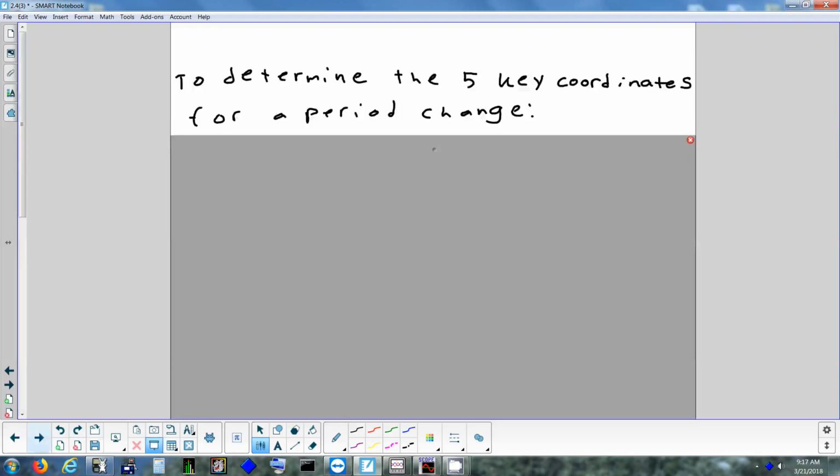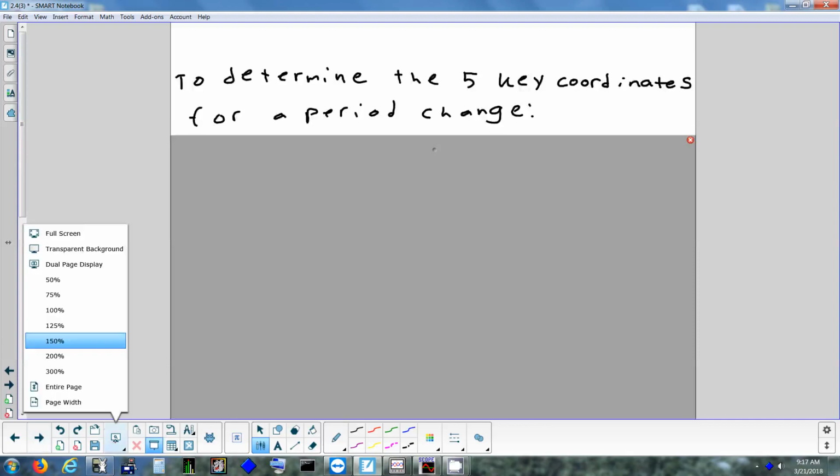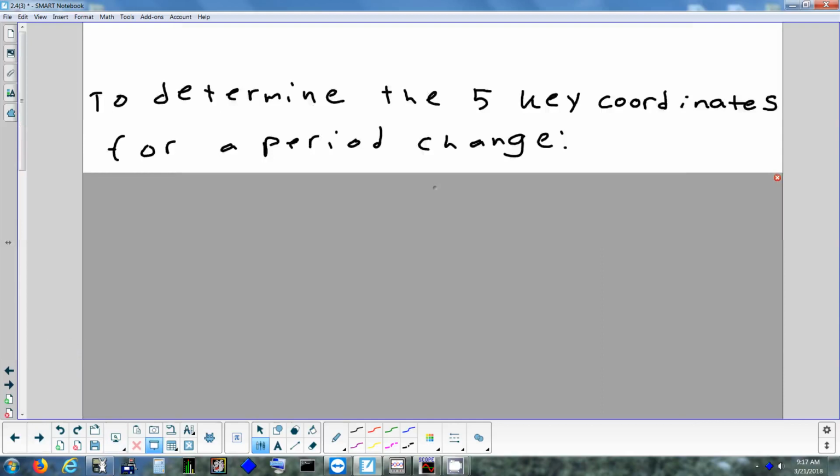Okay, so how do we find the 5 key coordinates for a period change? Well, that's what I'm going to show you right now. First of all, let's figure out what's going to stay the same. Ryan, if we're stretching and compressing horizontally, which values are not going to change?